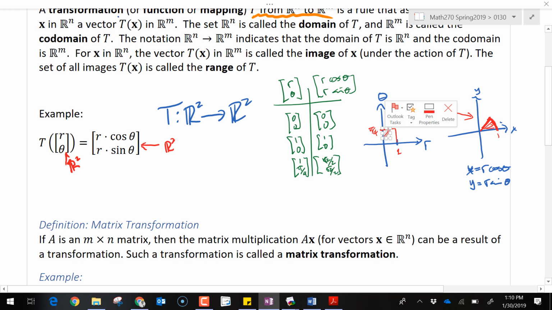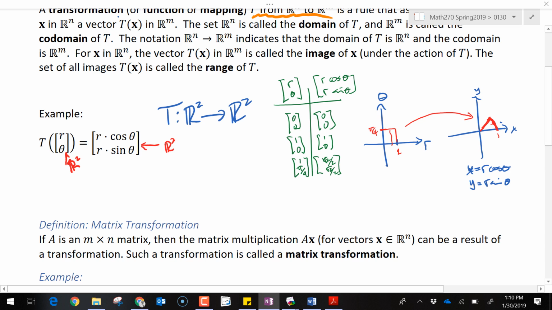The interesting thing to look at is what happens to our, I don't know what we would call it, our grid.